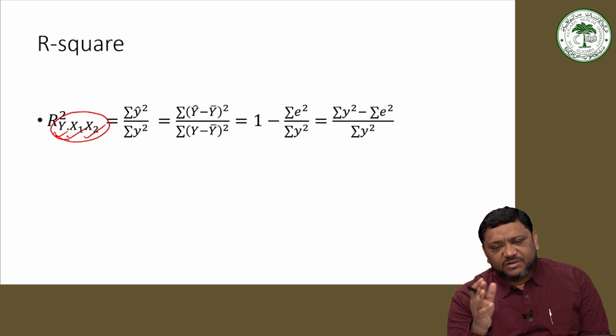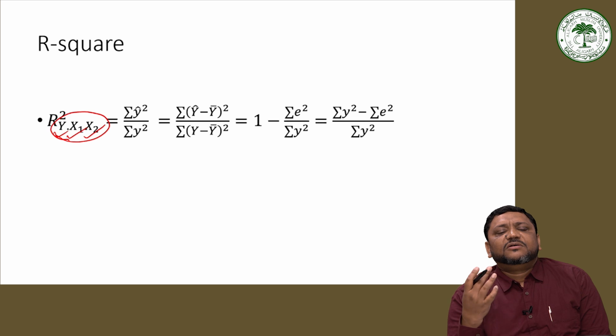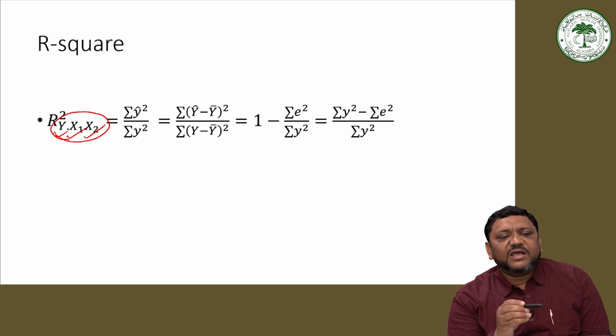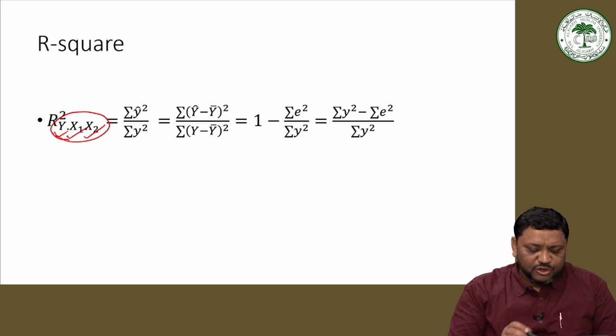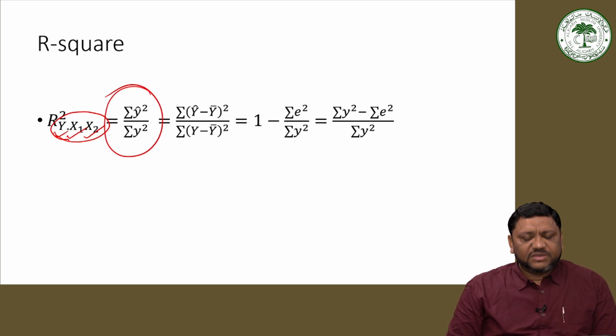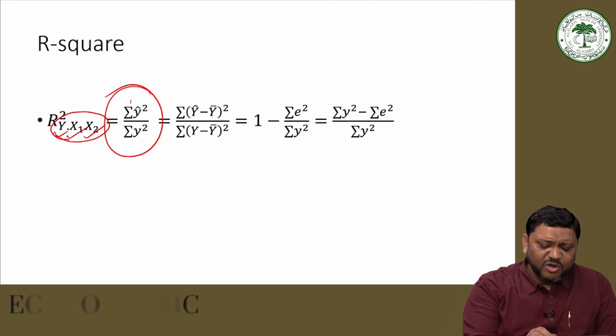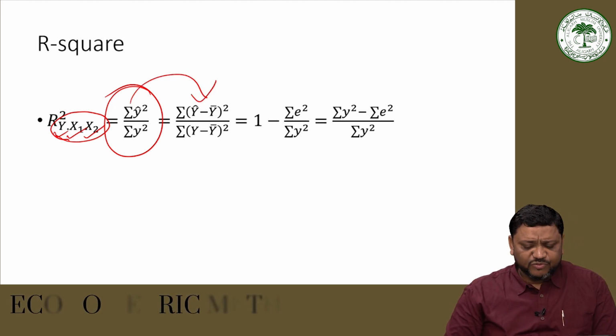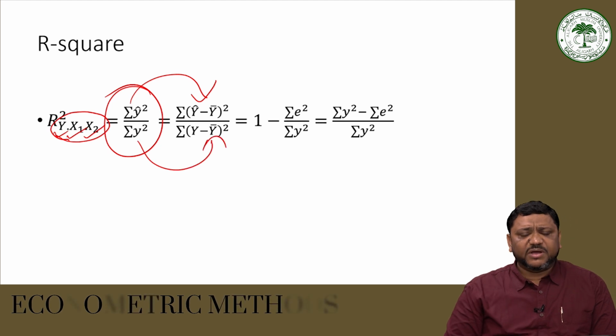Here it is the variation in y that is explained by its relationship with x1 and x2. So we can write it as summation small y hat square divided by summation y square, where small y hat is nothing but y hat minus y bar, and y is nothing but y minus y bar.